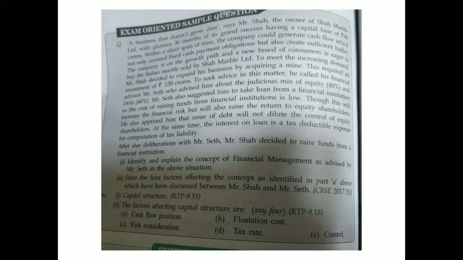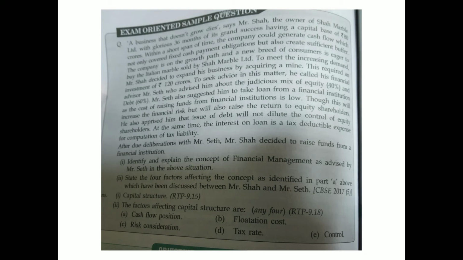Reading ahead, the company is on the growth path and a new breed of consumers is eager to buy the Italian marble sold by Shah Marble Limited. To meet the increasing demand, Mr. Shah decided to expand his business by acquiring a mine. This required an investment of rupees 120 crores.